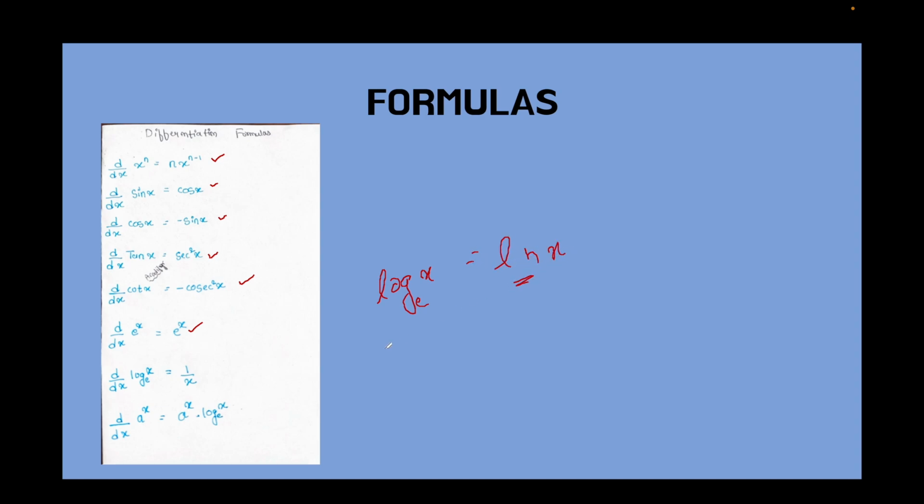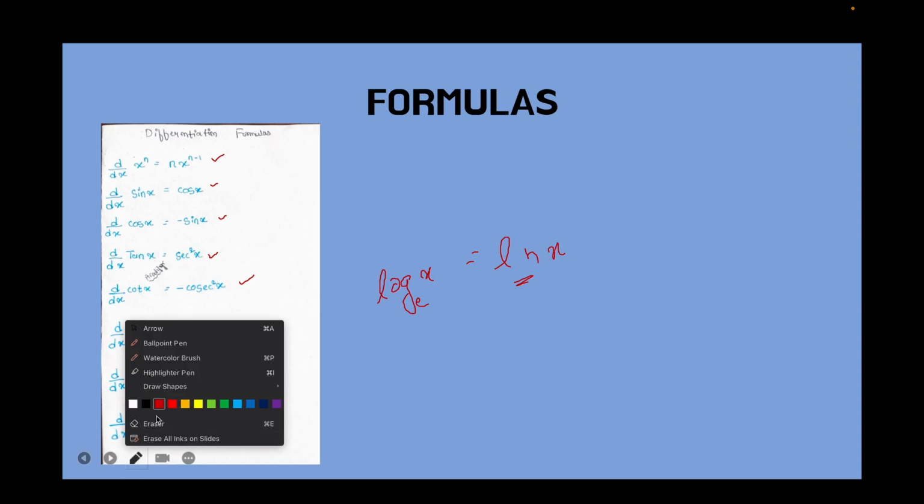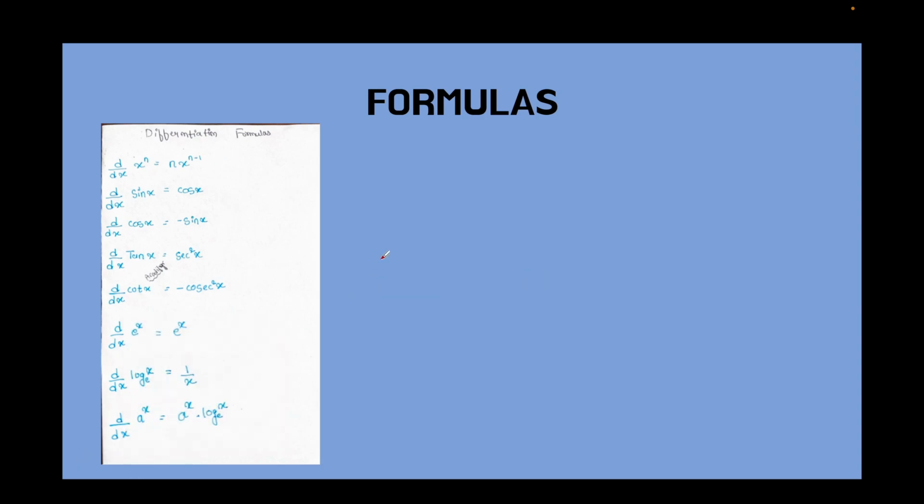Okay, now differentiation of a power x is what? a power x into ln x. Is it clear? I will write two more formulas. Okay, copy it down. Differentiation of sine inverse x is what? 1 by root 1 minus x square.